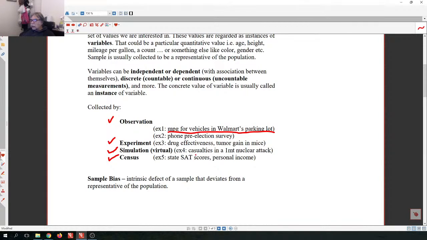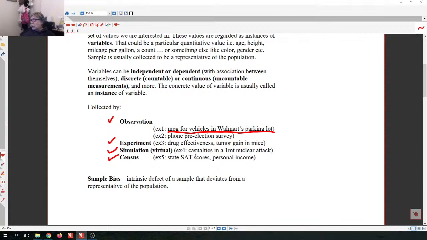But sometimes it's not possible, and the government does spend a large amount of money to collect data that is very difficult to collect otherwise. They do that every 10 years by way of the national census. They collect various different things that they are interested in, for example, how long you have to commute to work and things like that.